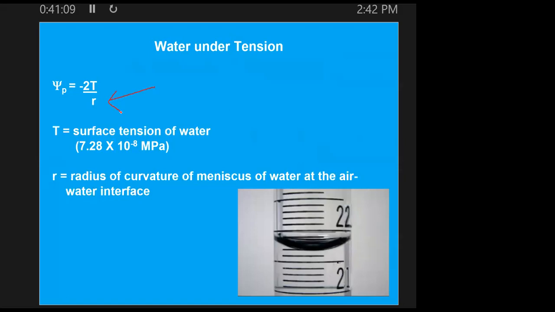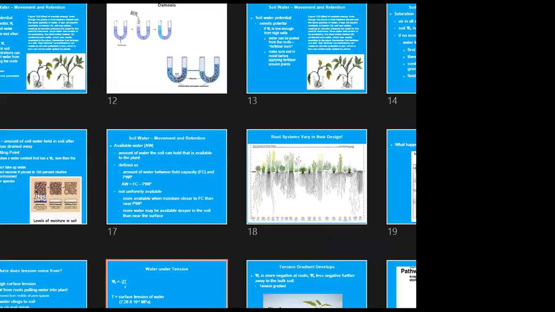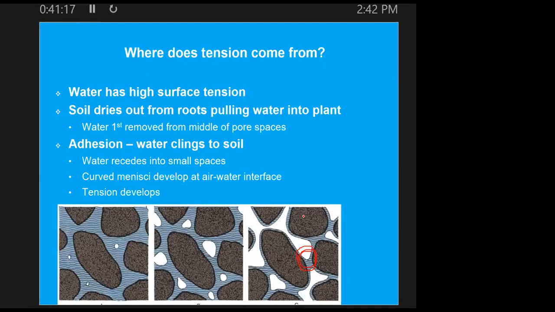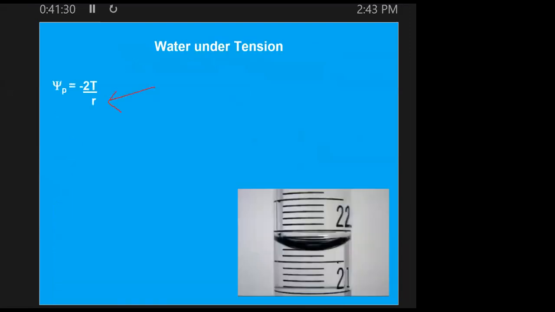So if you have a really small radius, as in figure C, where you have smaller and smaller radii between those tiny soil particles and tiny cracks and crevices, that's going to drive your overall psi sub P to be a really big negative number. That means it's really strong tension. A nice big negative psi sub P is a nice big negative pressure, or a really good tension.